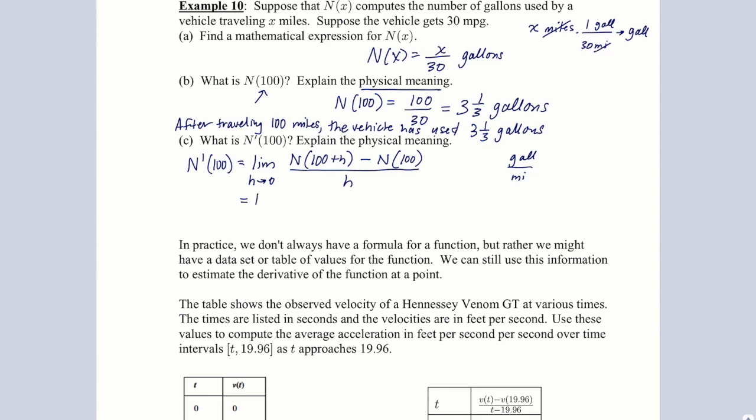All right, so let's do the computation. Limit as h goes to 0, n of 100 plus h, that's 100 plus h over 30, and then n of 100, that was 100 over 30, and we still have divided by h in the denominator.